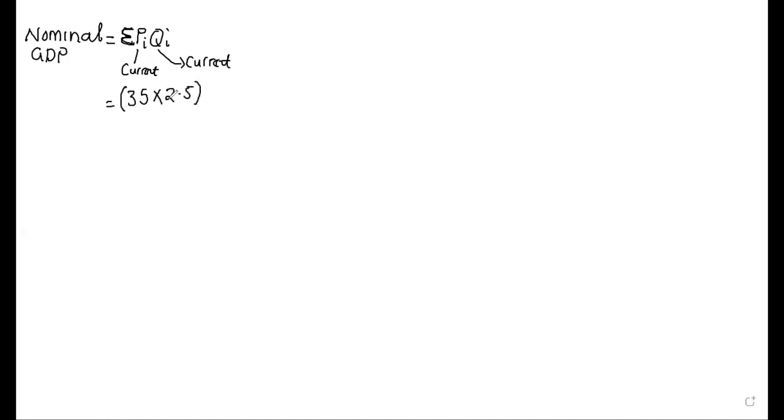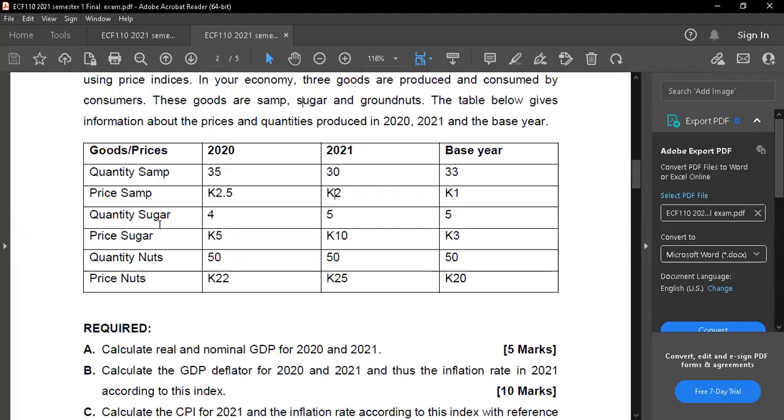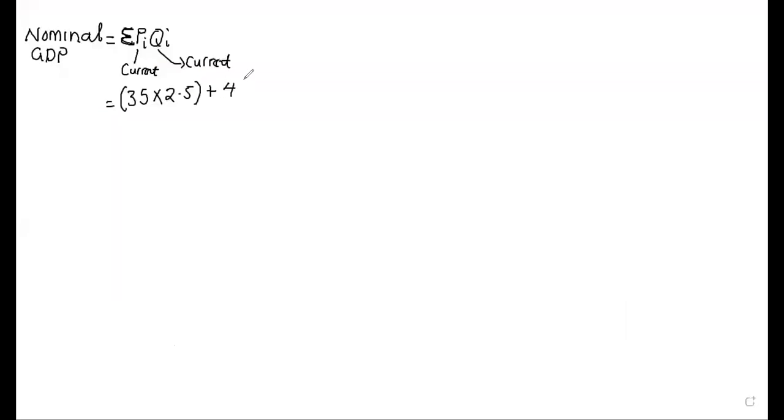So it will be the current quantity 35 times the current price 2.5, put in brackets like this. That's what the summation means. Plus. So you go for the other product, sugar. Current quantity is 4, current price is 5. So we get plus 4 times 5. Then we say plus.